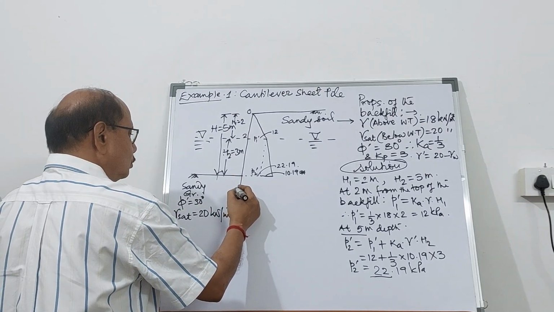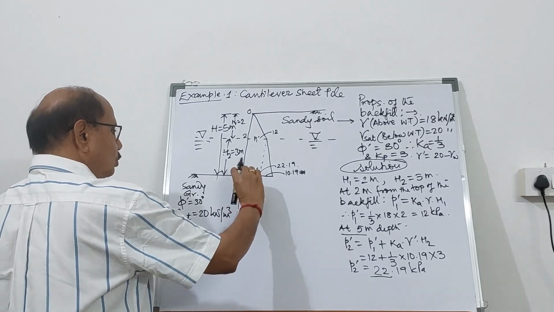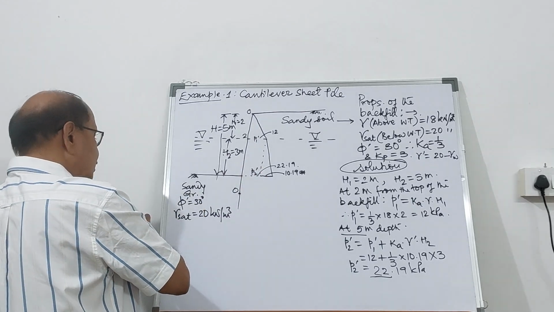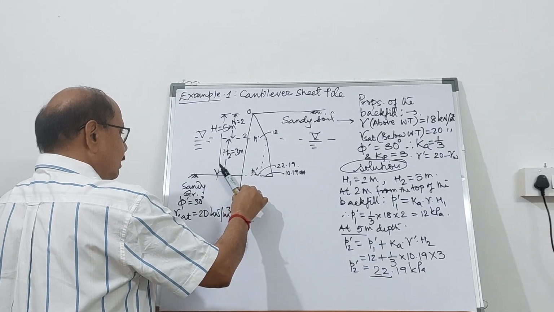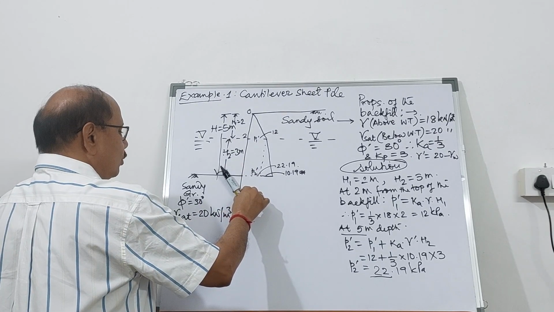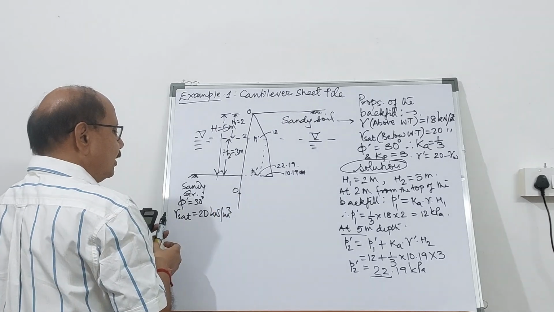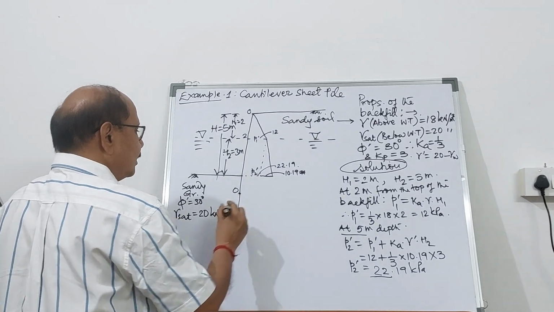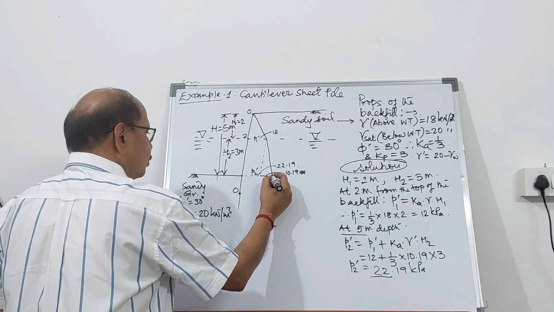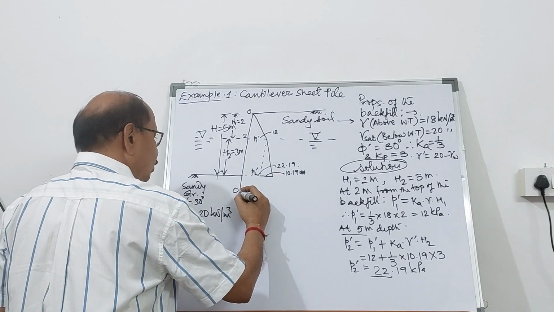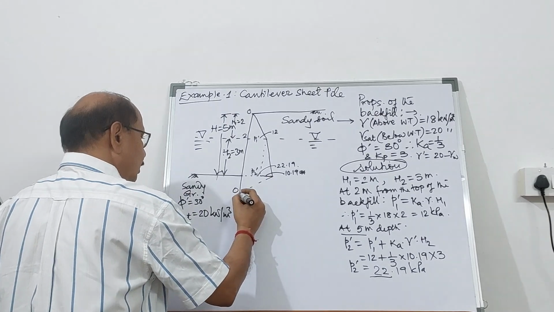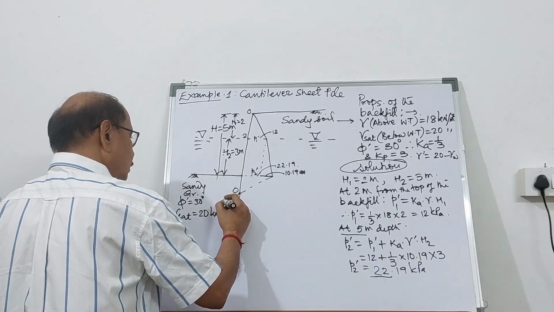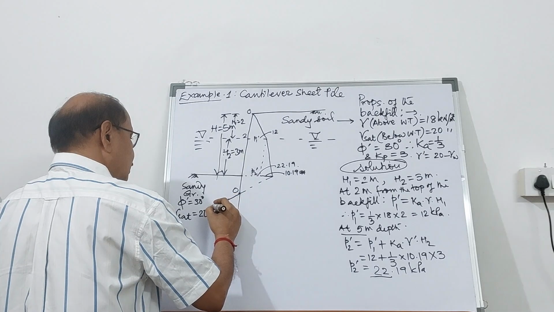Now, you know how the pressure is going to change, because it has got rotation about the point O. So it is going to rotate like this. So this is the sheet pile. This will rotate like this about the point O. So naturally, the pressure is going to change. So it will go like this.